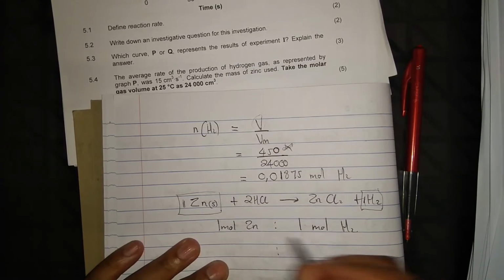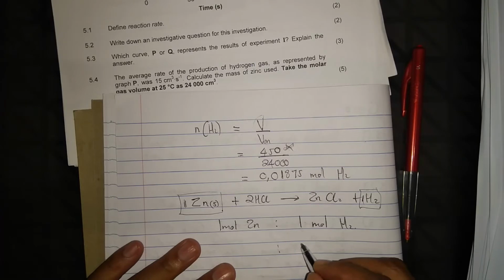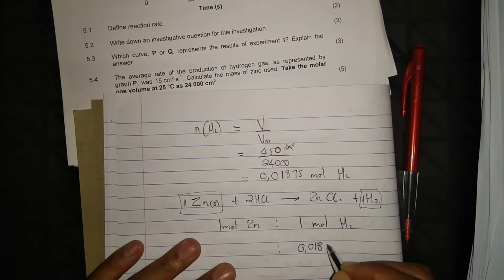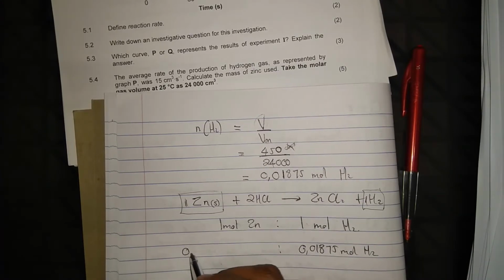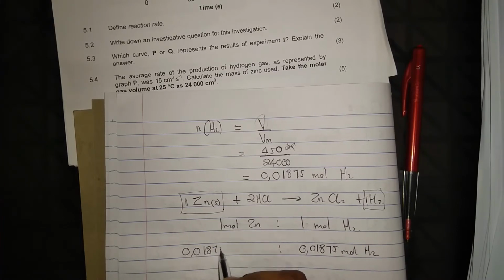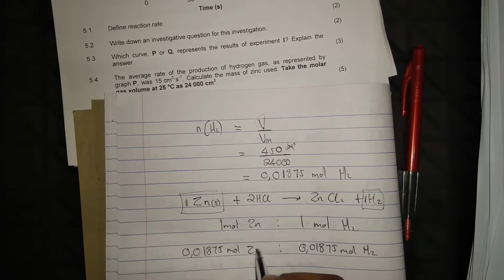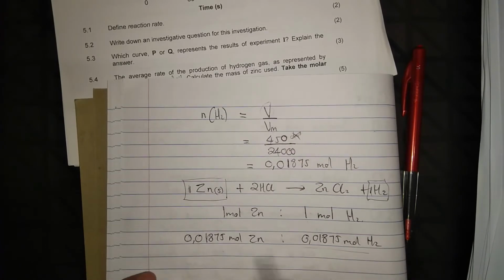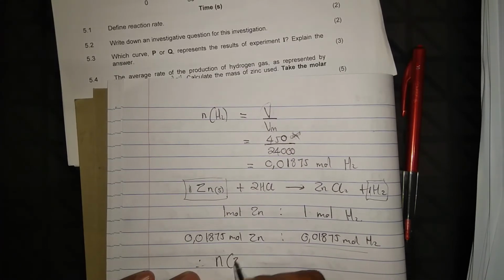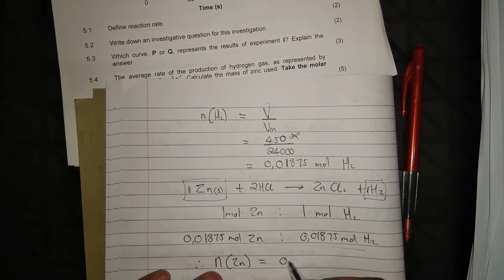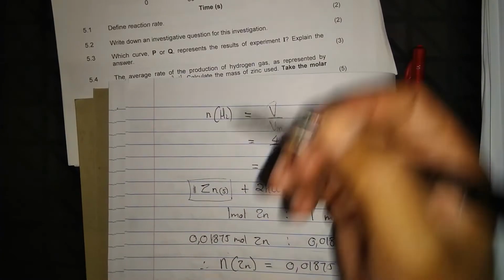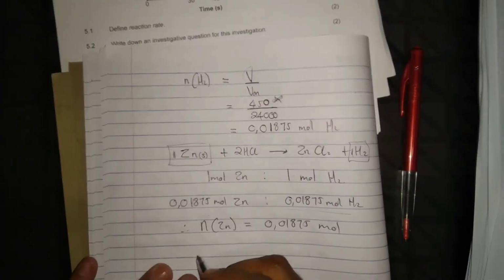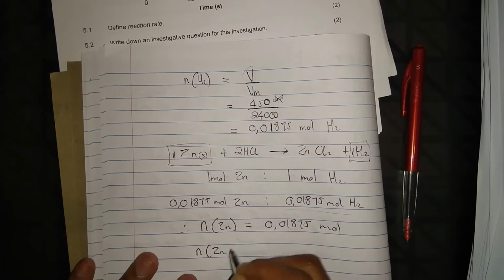If I have 0.01875 moles of hydrogen, I also need 0.01875 mole of zinc to produce this much. So the number of moles of zinc is 0.01875 mole.